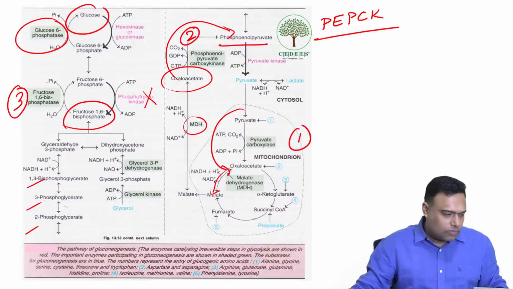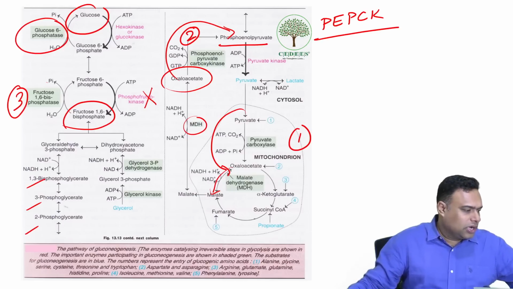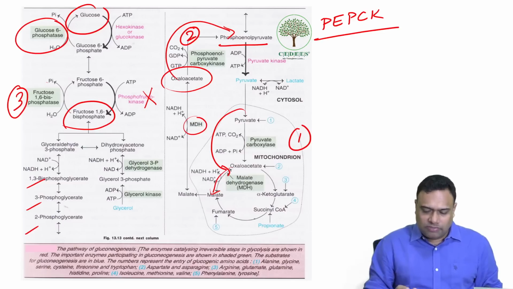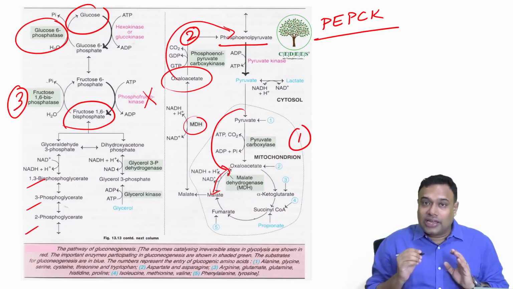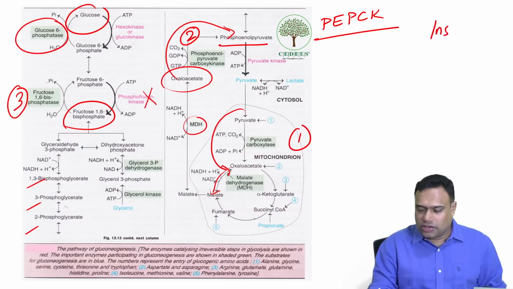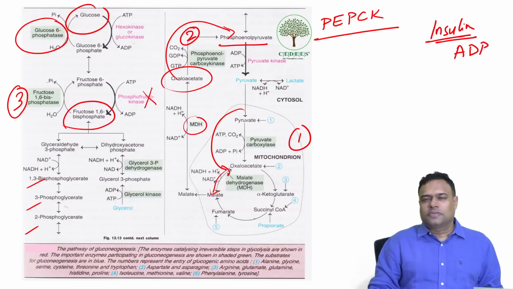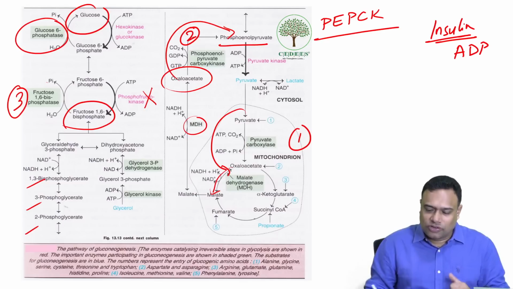Now, when you think about gluconeogenesis, we should know a few important things. For example, gluconeogenesis is inhibited by insulin. Insulin majorly inhibits gluconeogenesis. ADP inhibits gluconeogenesis. What are the activators of gluconeogenesis?